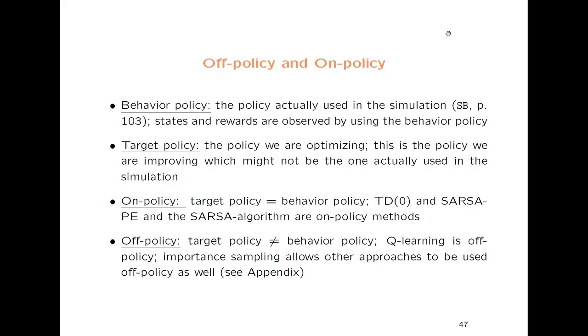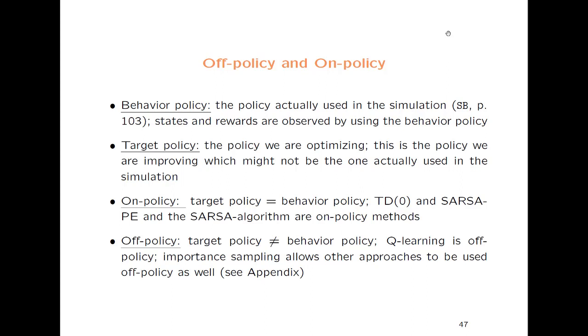Here are other important notions. The behavior policy is the policy actually used in the simulation. So if you get data from a simulation, you also have to use some sort of policy, and the policy you're actually using in the simulation is called the behavior policy.